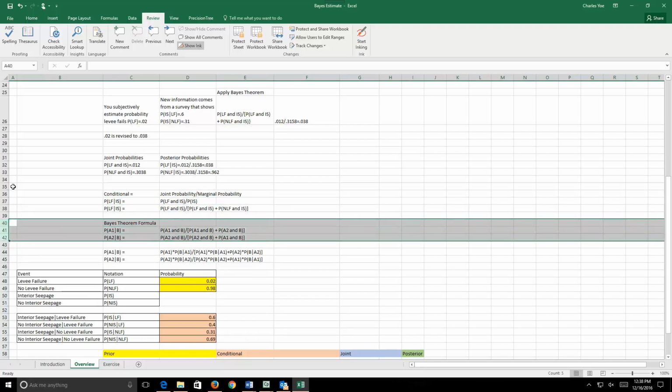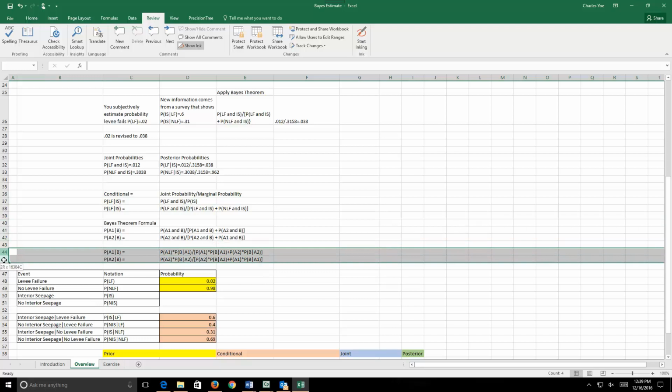Rows 40 through 42 take the formulas that we are just talking about now and transform them into a general kind of formula, where instead of levee failure, we use A1, and instead of no levee failure, we use A2. Instead of interior seepage, we use B. So with terms like A1, A2, and B, we get a generalized form of Bayes' theorem.